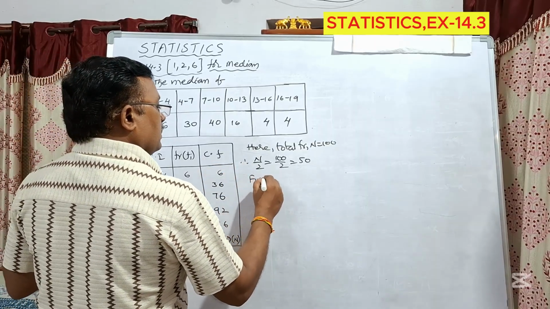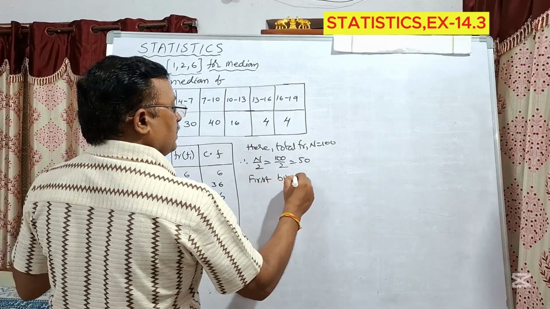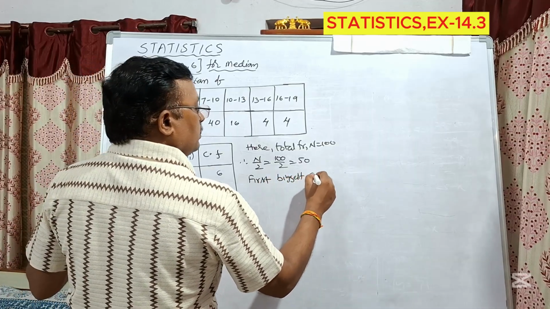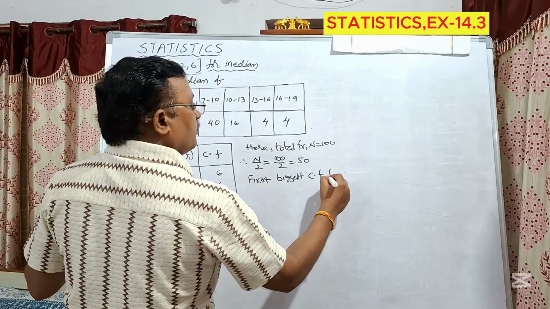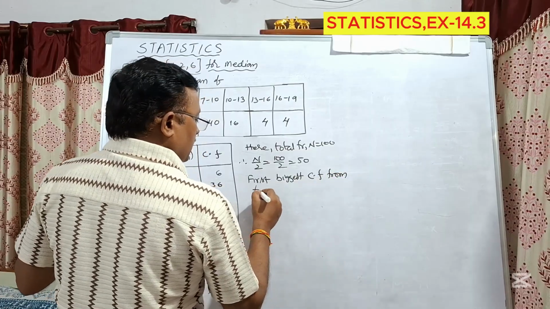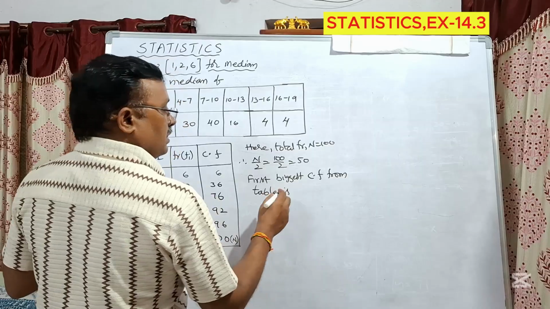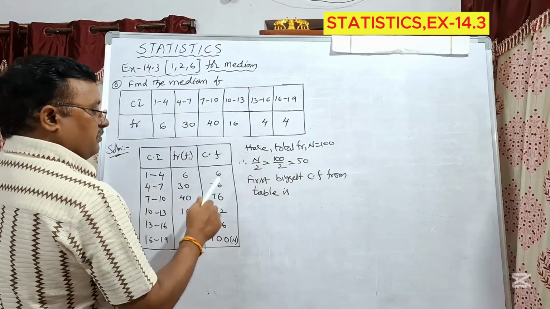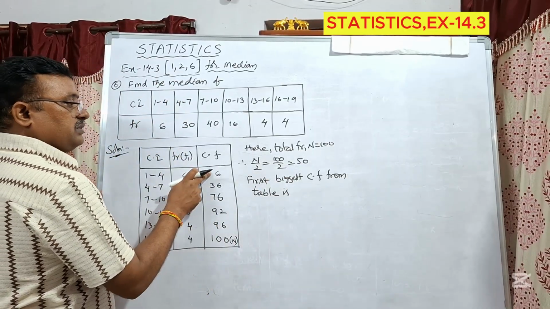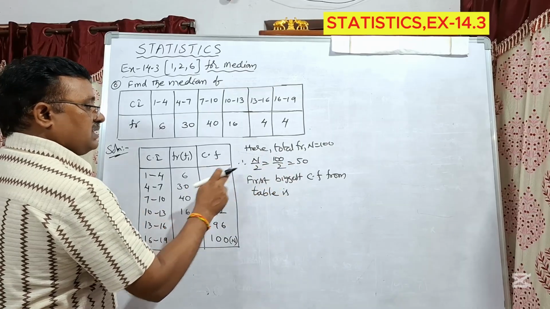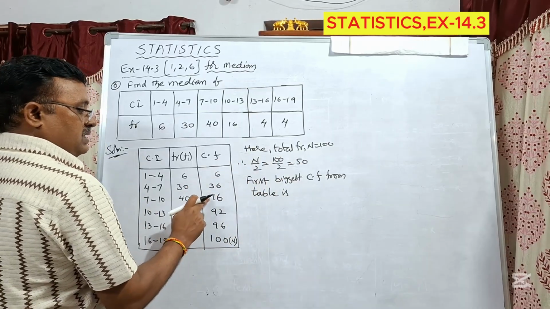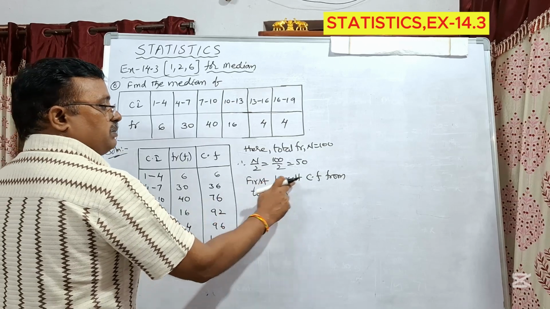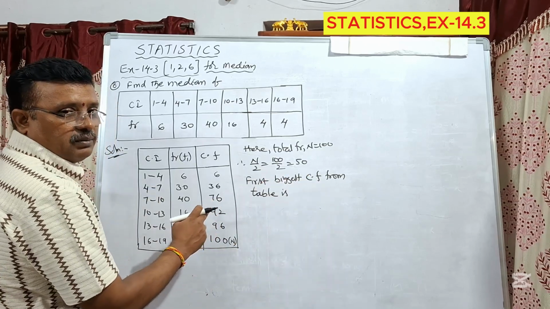First, find the first cumulative frequency from the table that is bigger than 50. 6 is not bigger than 50, 36 is not bigger than 50, 76 is the first bigger cumulative frequency from the table.